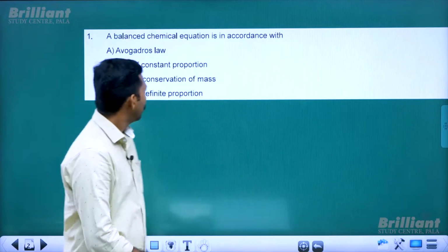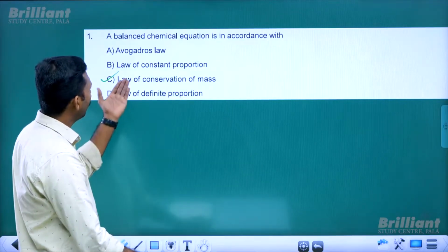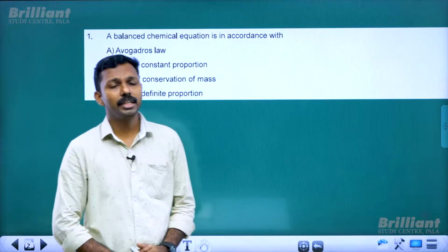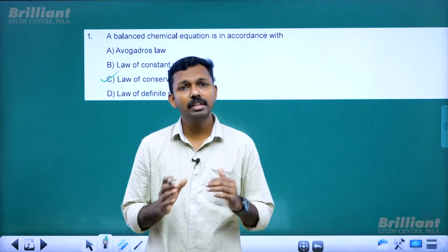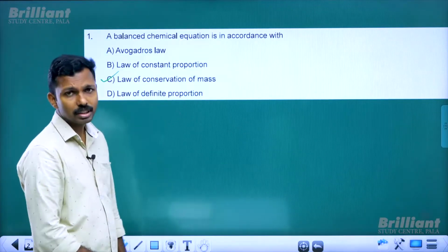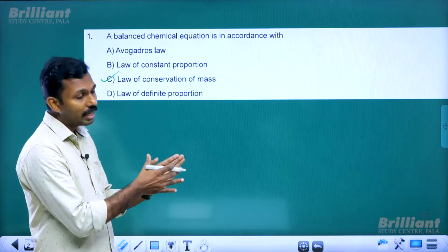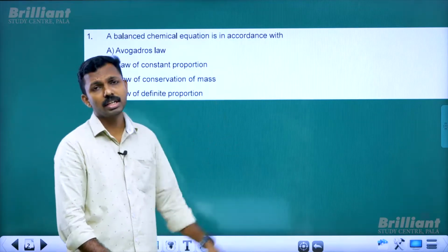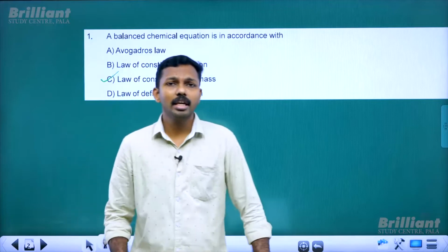That is not representing any chemical equation. Law of constant proportion means each and every compound contains the same elements combined in definite proportions, right? Also, law of conservation of mass represents what? The mass of reactants and the products should be equal. That is what we are considering while writing a chemical equation.